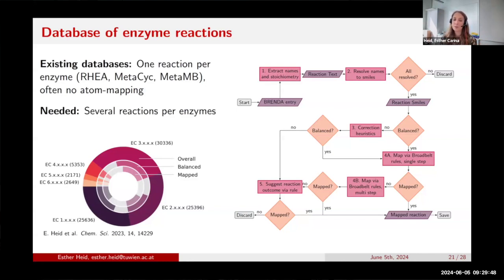They can also be wrong because it seems that some of the curators there are not chemists. For example, if a primary alcohol is oxidized, it forms an aldehyde. And then they thought that a secondary alcohol, if it is oxidized, also forms an aldehyde.